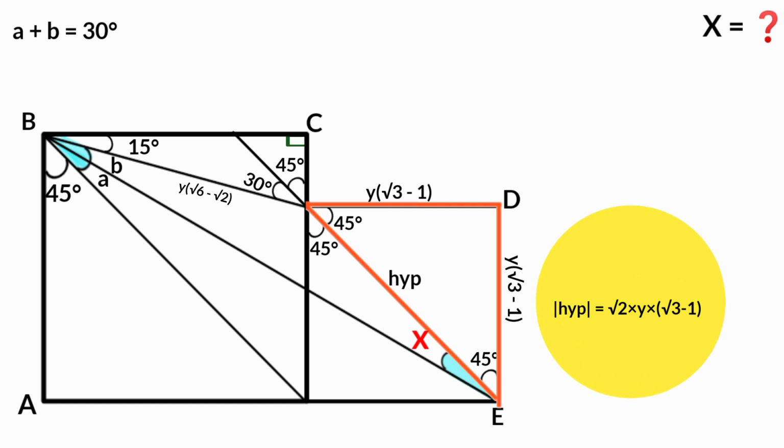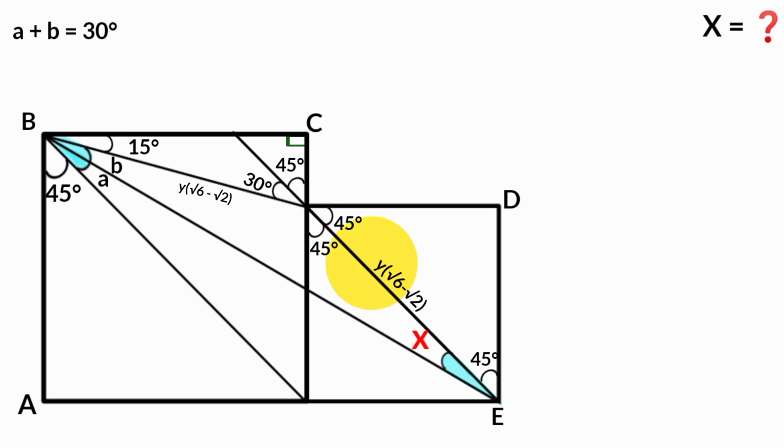So hypotenuse equals root 2 times y times (root 3 minus 1). If we multiply this bracket by this root 2, it will be root 3 times root 2 minus 1 times root 2. Root 3 times root 2 is root 6, and minus 1 times root 2 is minus root 2. So hypotenuse equals y(root 6 minus root 2). That is, this side is y(root 6 minus root 2).